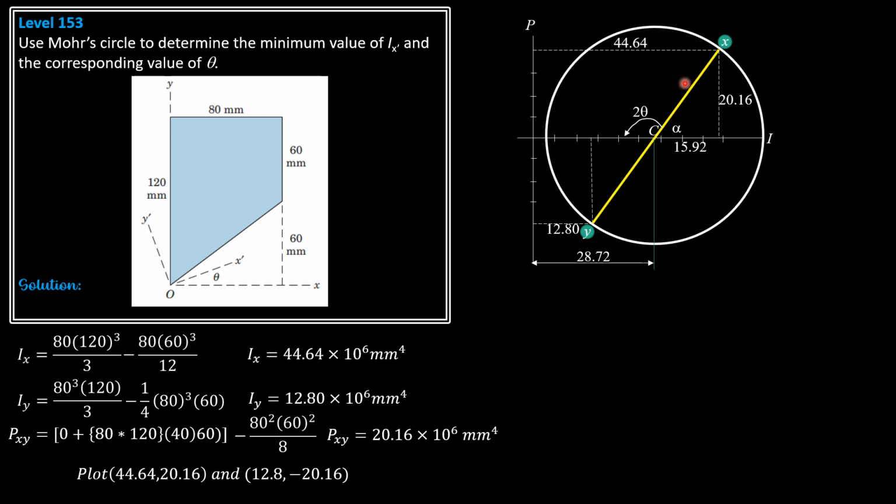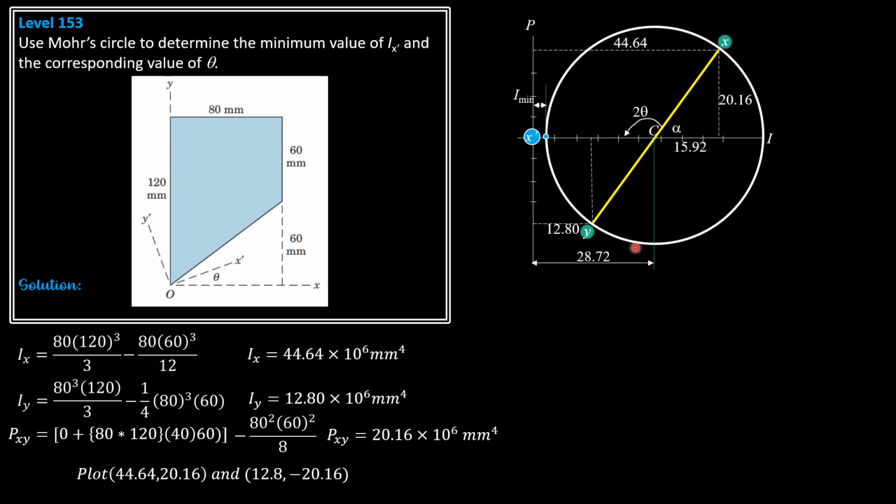Of course, we need to compute the radius, which is the square root of 15.92 squared plus 20.16 squared. This is the x prime axis, and the minimum moment of inertia is also found there. Let's indicate that I minimum.